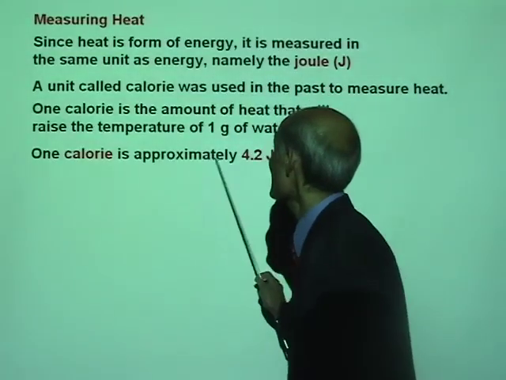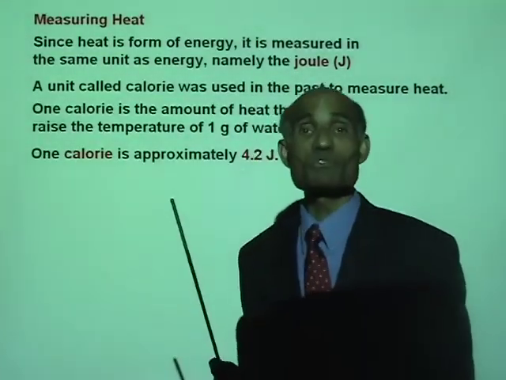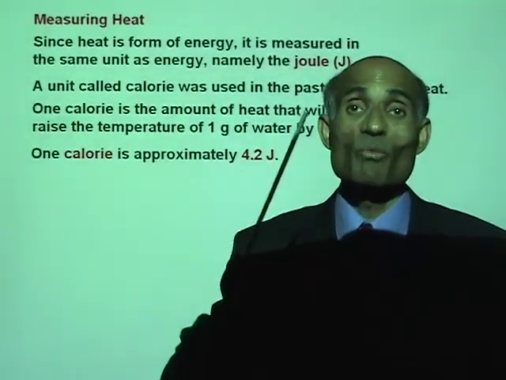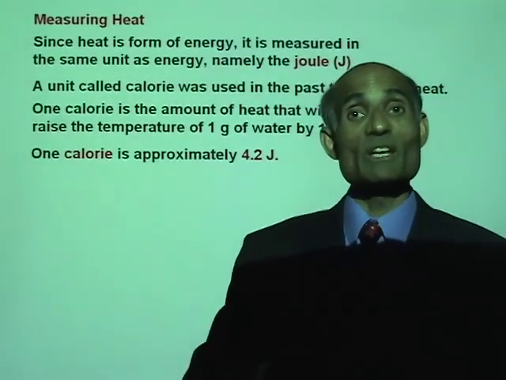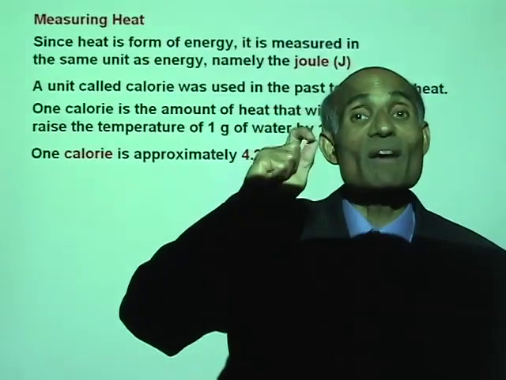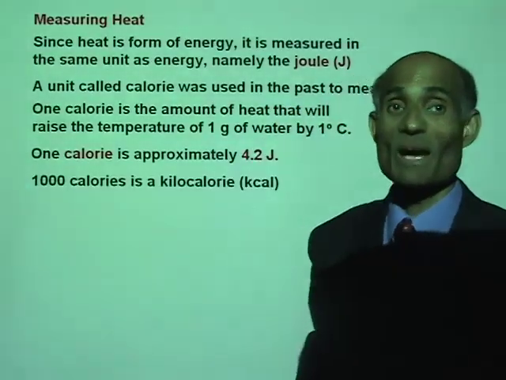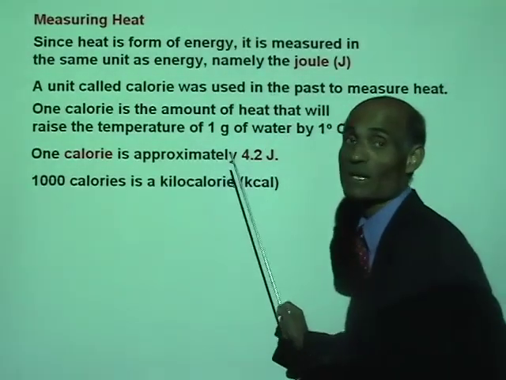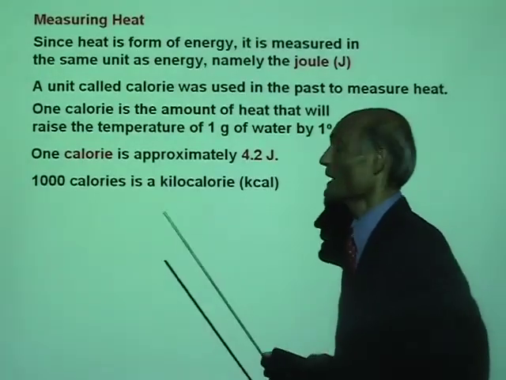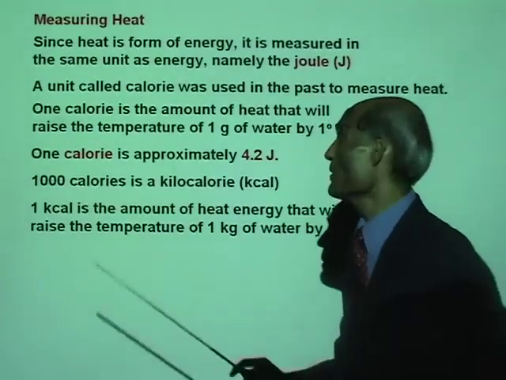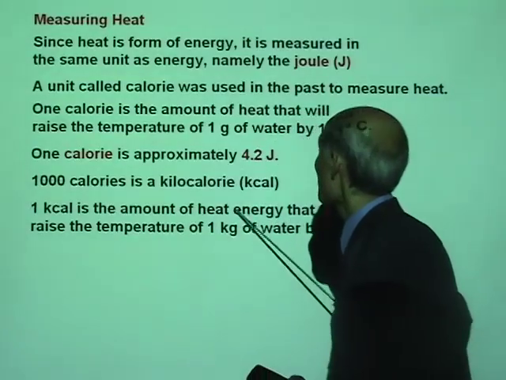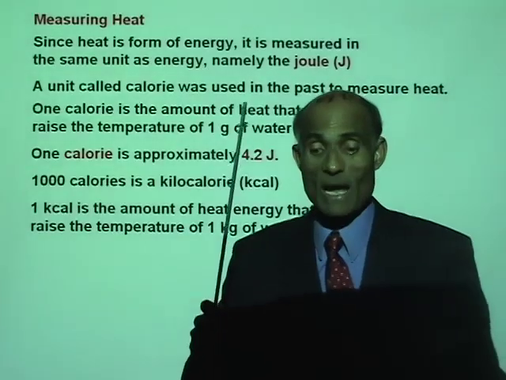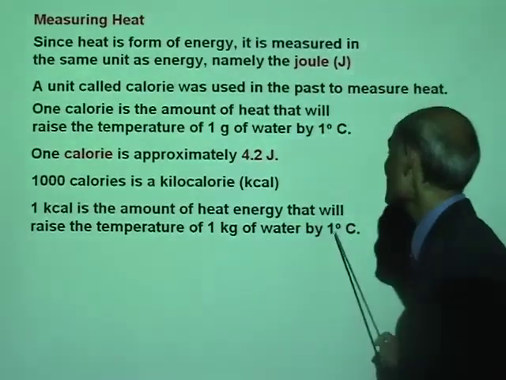And 1 calorie is approximately 4.2 joules. That means if you supply 1 gram of water with 4.2 joules of energy, its temperature will increase by 1 degree Celsius. Alright? And 1,000 calories is called a kilocalorie. We write it kcal, a kilocalorie. Now, 1 kilocalorie is the amount of heat energy that will raise the temperature of 1 kilogram of water by 1 degree Celsius.